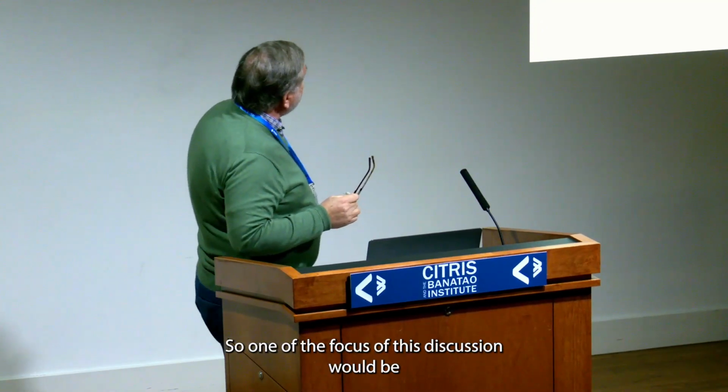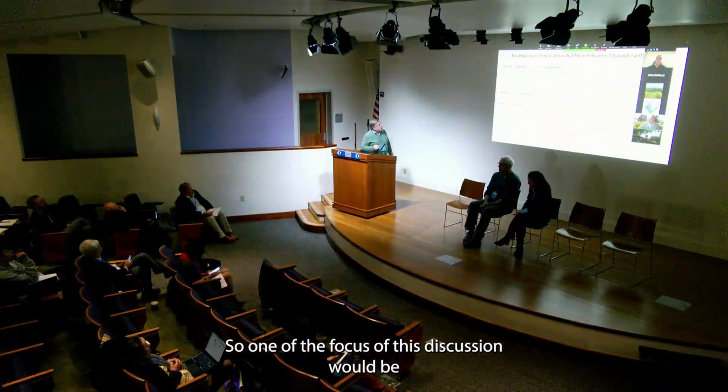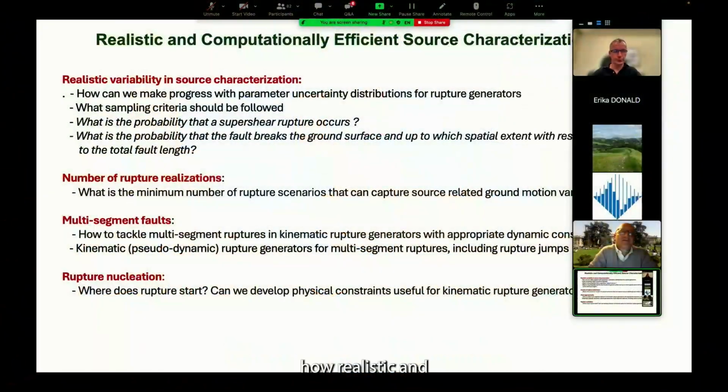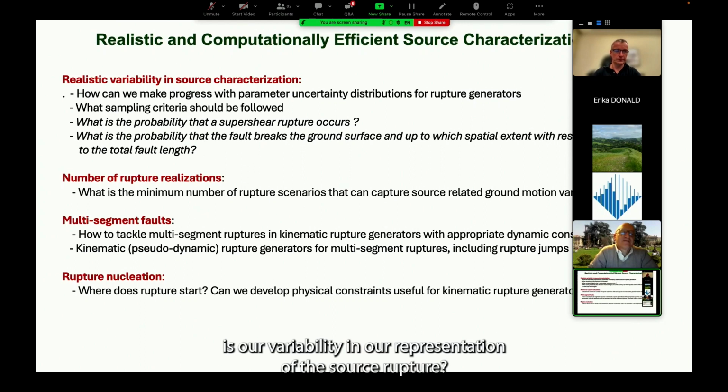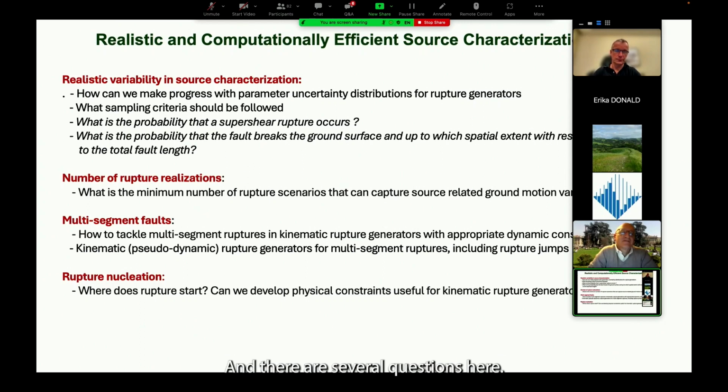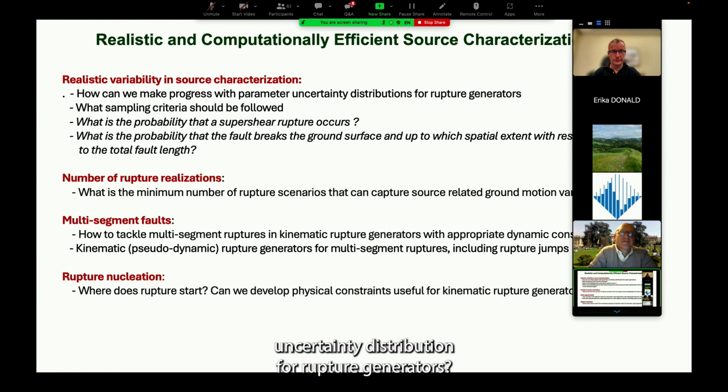One of the focuses of this discussion will be how realistic is the variability in our representation of the source rupture. There are several questions here. How can we make progress with parameter uncertainty distribution for rupture generators?